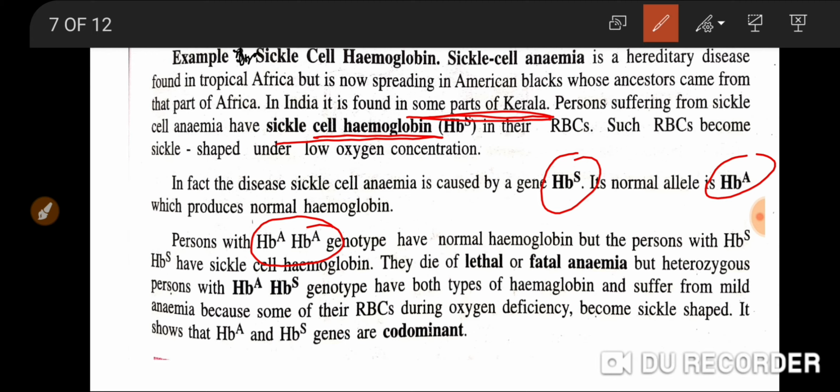But the heterozygous persons, having the HbA HbS genotype, have both types of hemoglobin and suffer from a mild anemia because some of their RBCs become sickle shaped during oxygen deficiency, and it shows that the HbA and HbS genes are codominant.